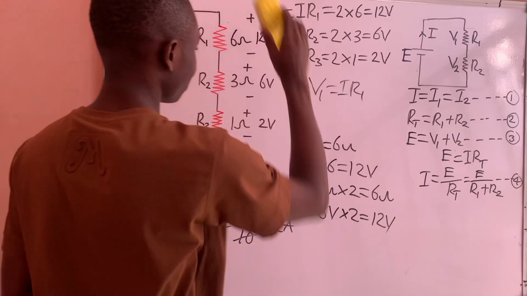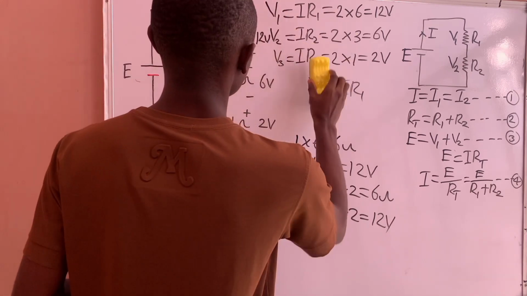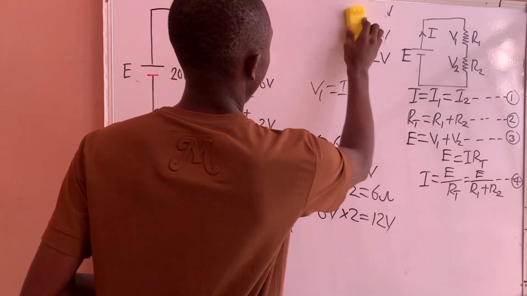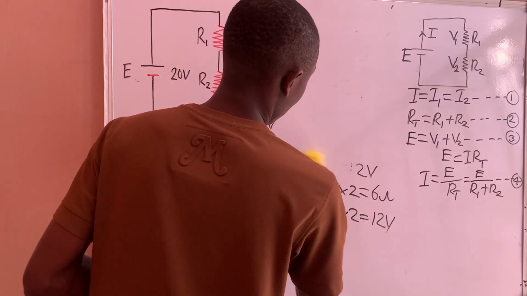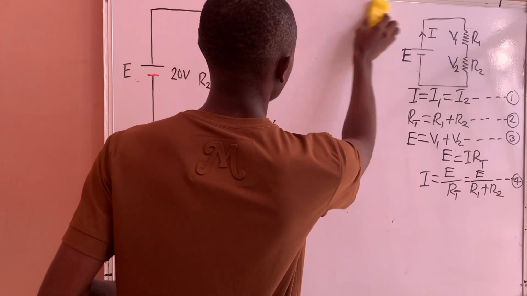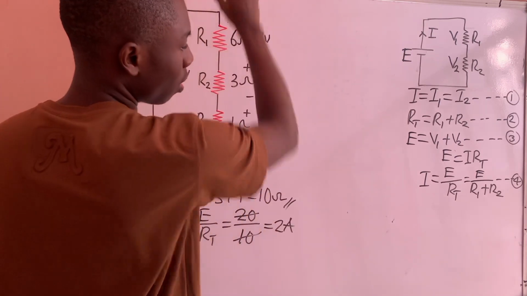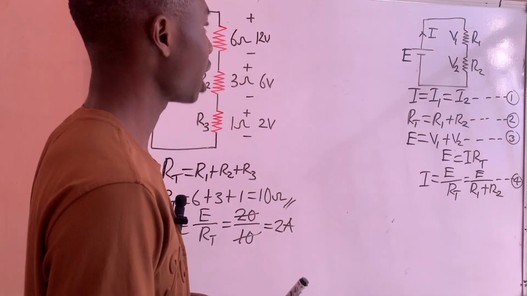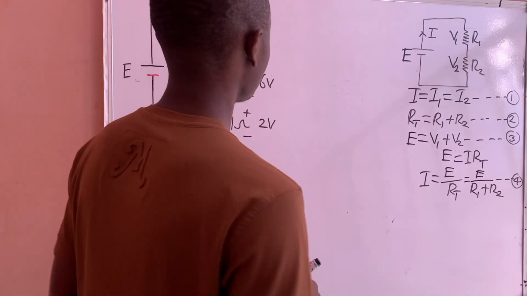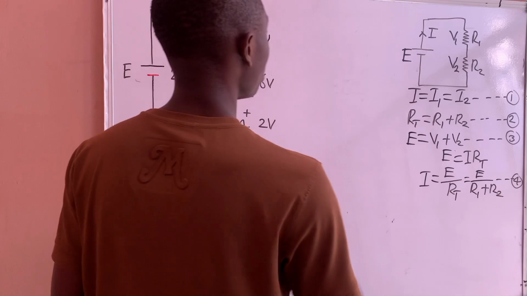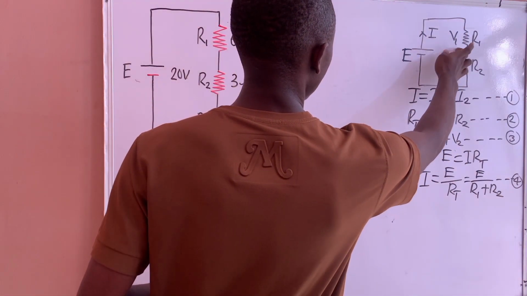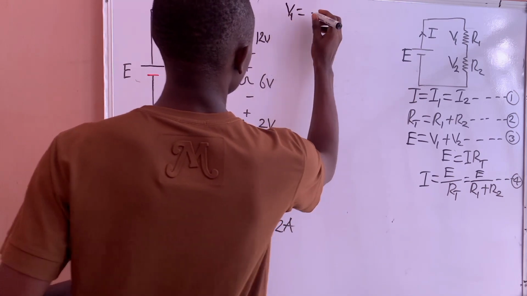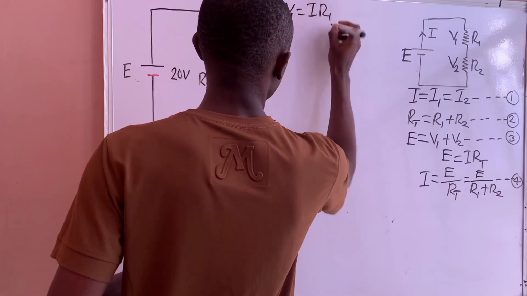Okay, let me clean here. Since we now have the value of our current, we can find the voltage that will drop across the individual resistors. The voltage that drops across resistor R1, V1, will be I times R1.